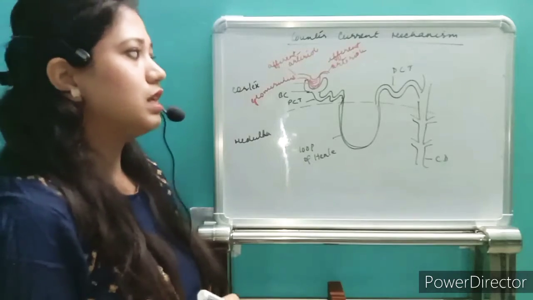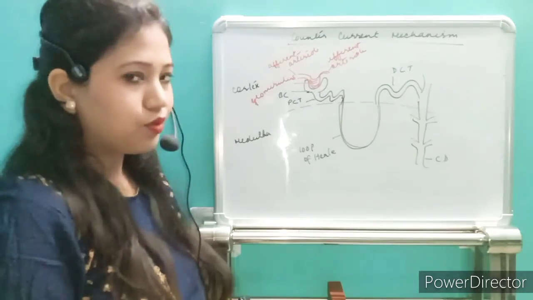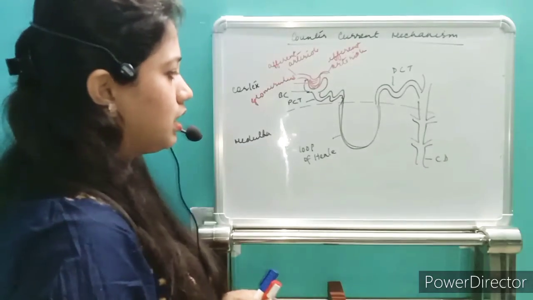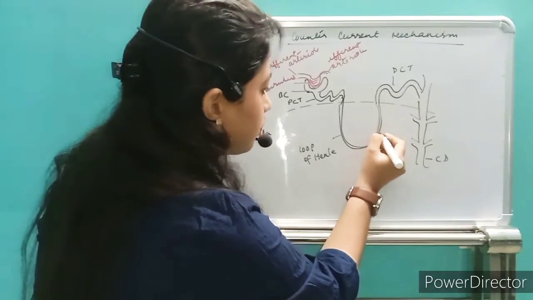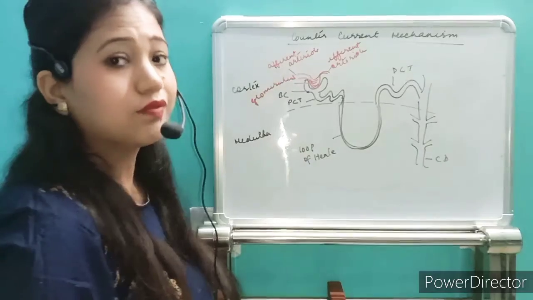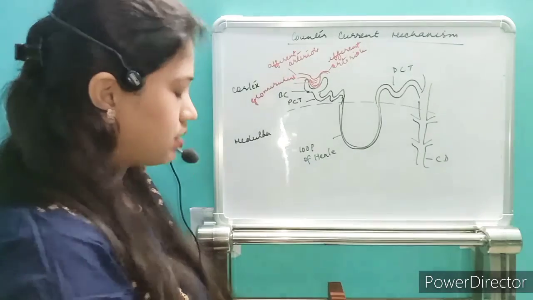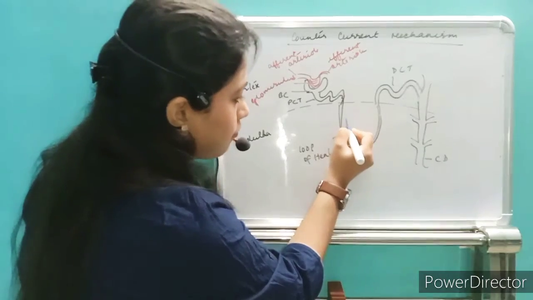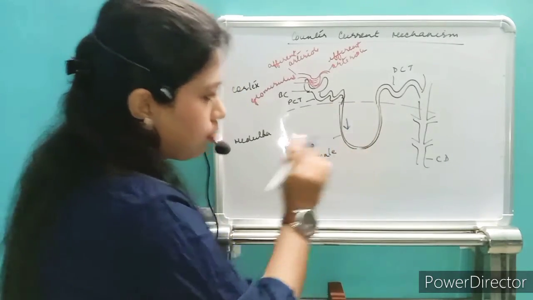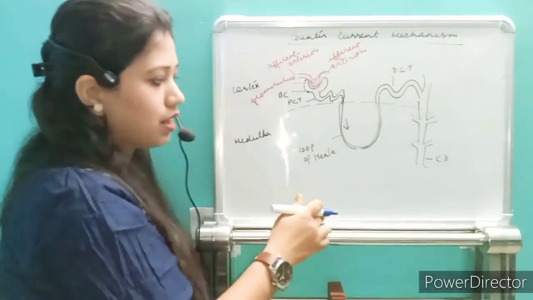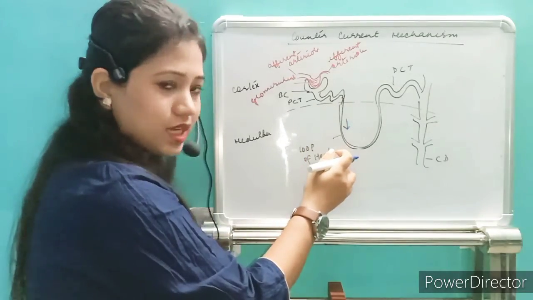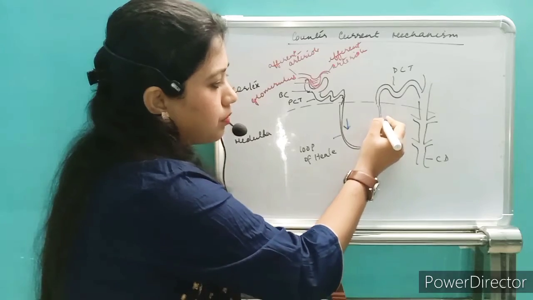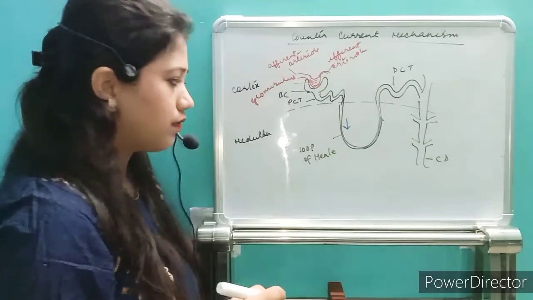Now in this counter current mechanism, if you can see this structure, then you can understand what happens whenever the movement of nephric filtrate occurs. Inside this nephron, the nephric filtrate moves in the loop of Henle in the descending direction, through the descending loop of Henle, and whenever the nephric filtrate goes up, that will be the ascending loop of Henle.